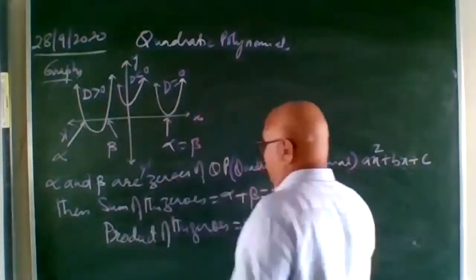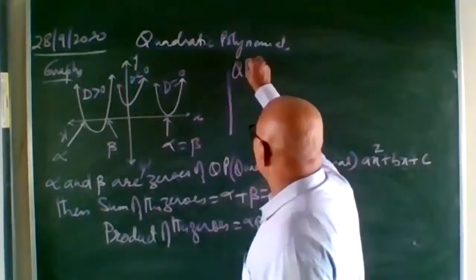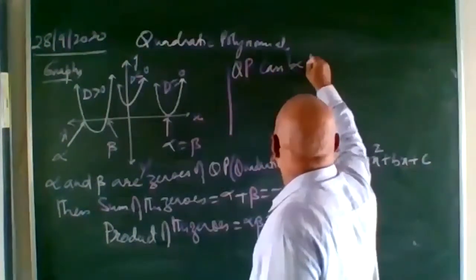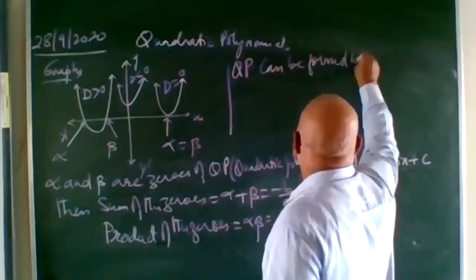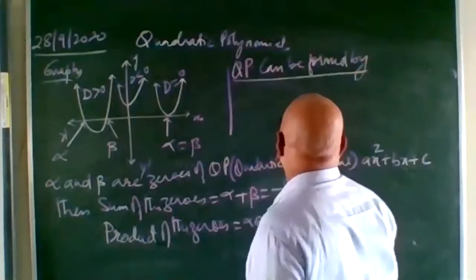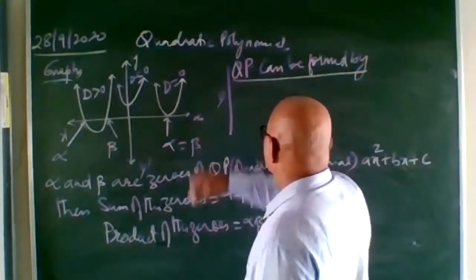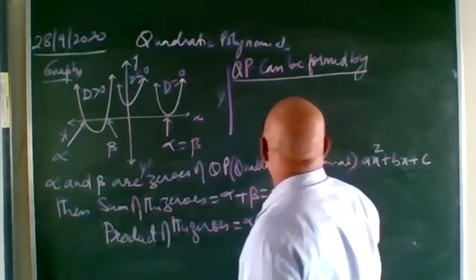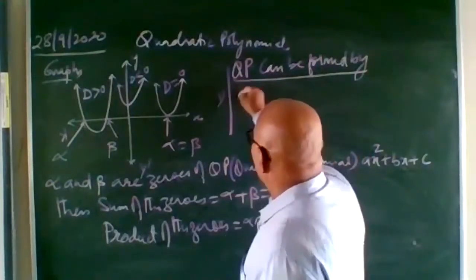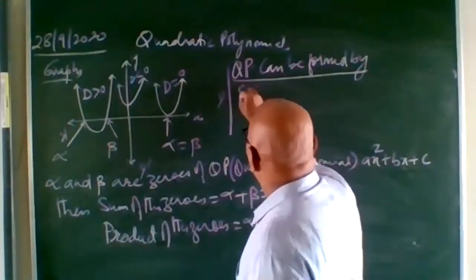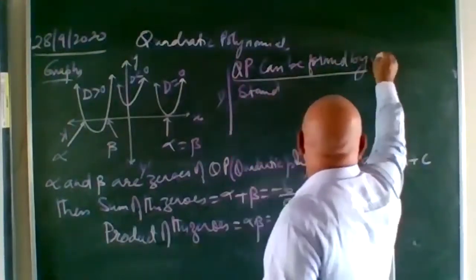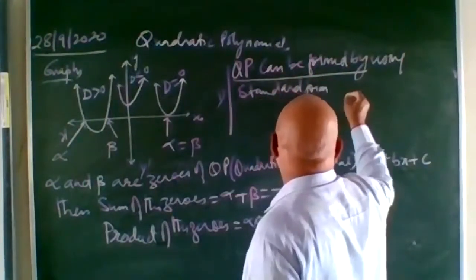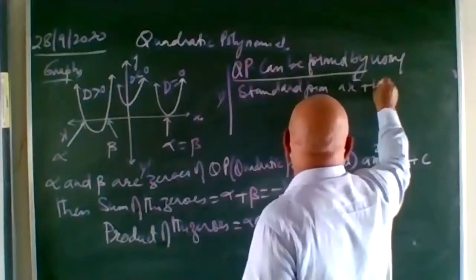Now a quadratic polynomial can be formed by, first, using the standard form, ax square plus bx plus c.